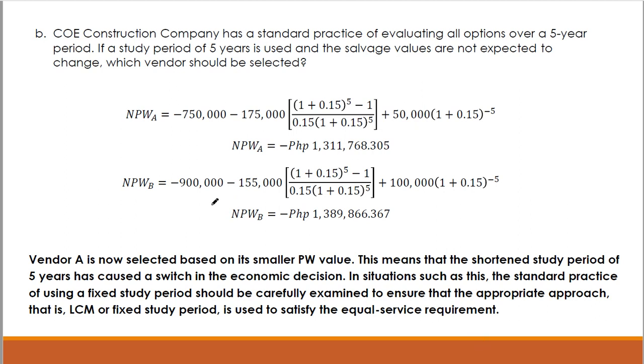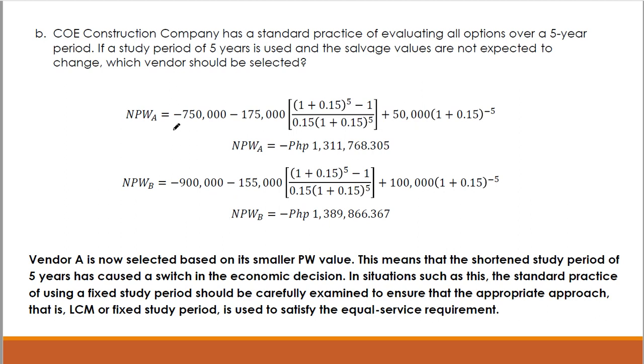So if a study period of 5 years is used and salvage values are not expected to change, for vendor A, ang salvage value niya ay 50,000 after 6 years. So, ganun pa rin yung salvage value niya after 5 years. Sabi dun sa problem. Ganun din sa may vendor B, ang salvage value niya after 9 years is 100,000. Ganun pa rin yung salvage value niya after 5 years.